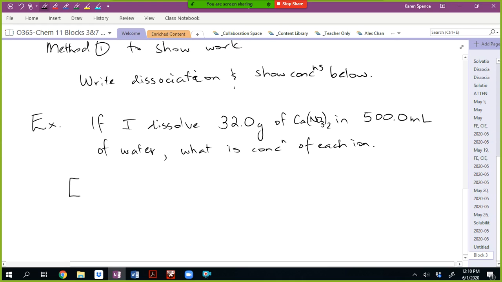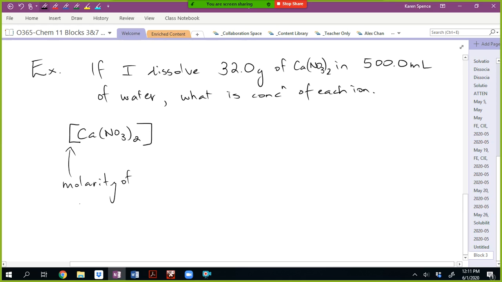Okay, so we want to find the concentration of the calcium nitrate. And remember, those square brackets mean I'm finding the molarity. So those square brackets mean molarity of calcium nitrate. And what is molarity measured in?